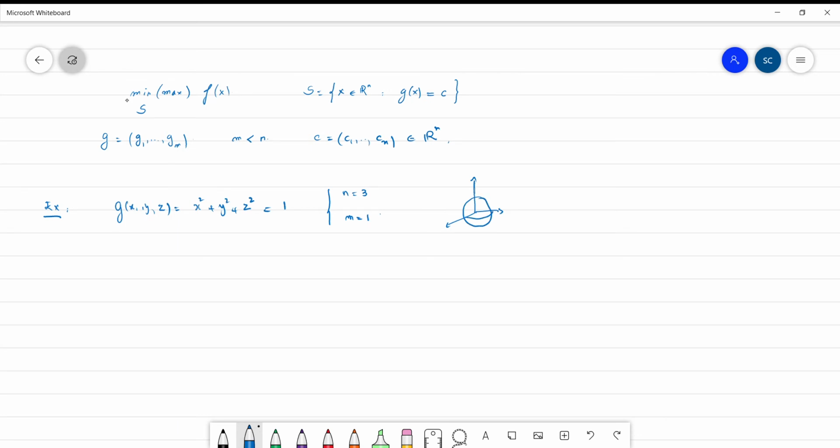Now, looking for a minimum or maximum of a function over this set, the only tool I have is to check the definition.